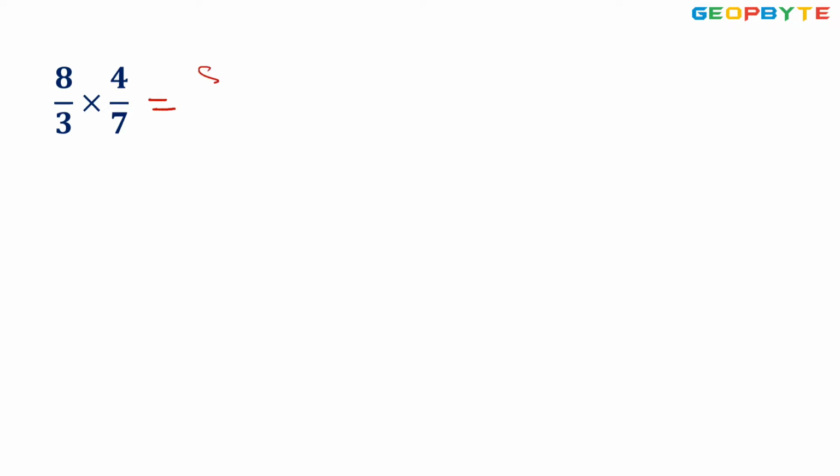So 8 into 4 by 3 into 7, which is equal to 8 4s are 32 by 3 7s are 21. So the result of 8 by 3 into 4 by 7 is 32 by 21.